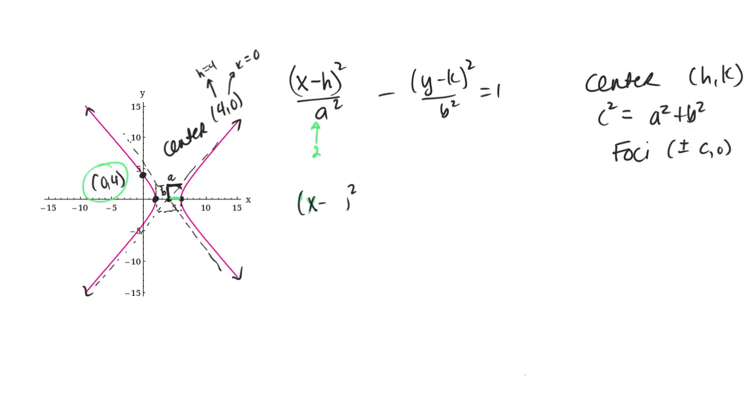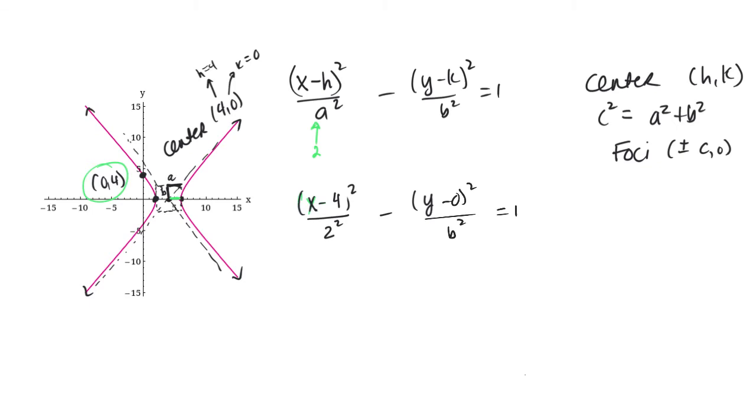Let's see, h is 4, and then a is 2, so that would be 2 squared, minus (y minus 0), so that's just y squared. Now we don't know b yet, but we can find it.